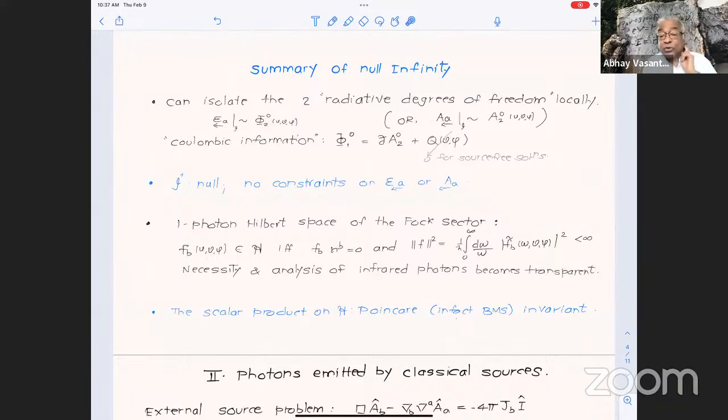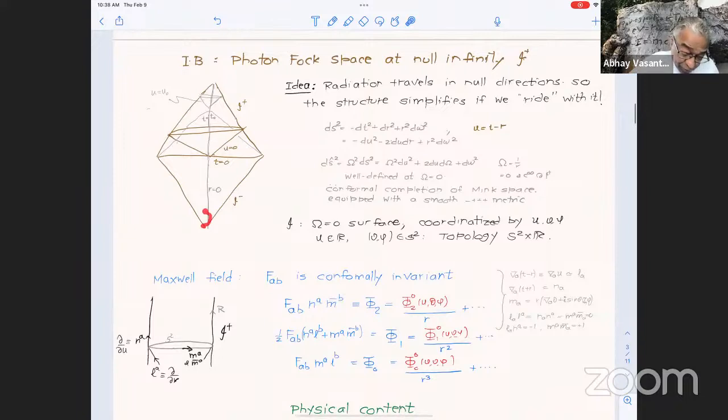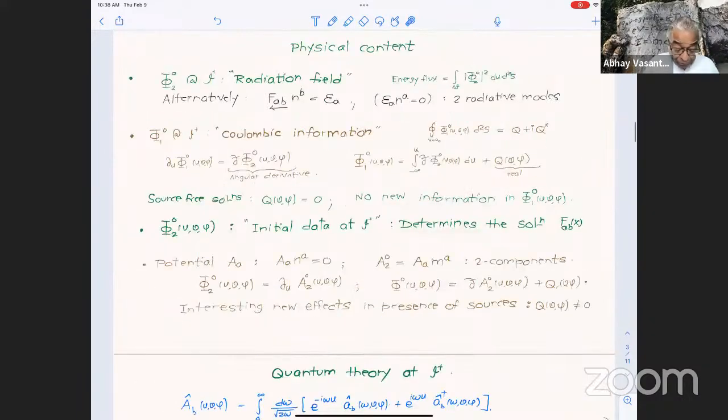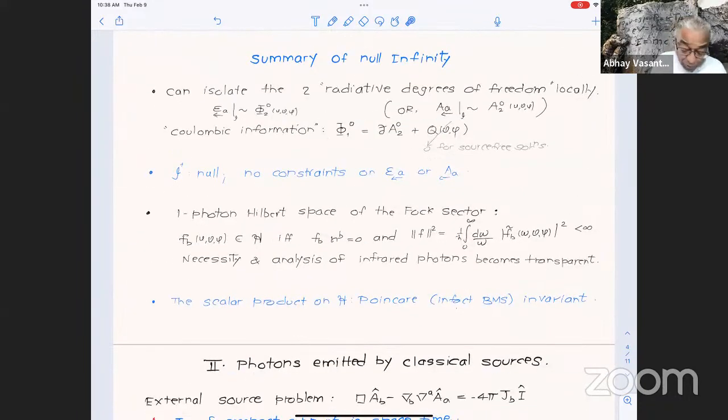Even if there are massive sources, they don't register on scri, because a massive source will just go like that. It will go to I+, and it doesn't register on scri. Only massless sources, if you have a massless field, will go to infinity up here. So even in the presence of massive sources, there are no constraints.